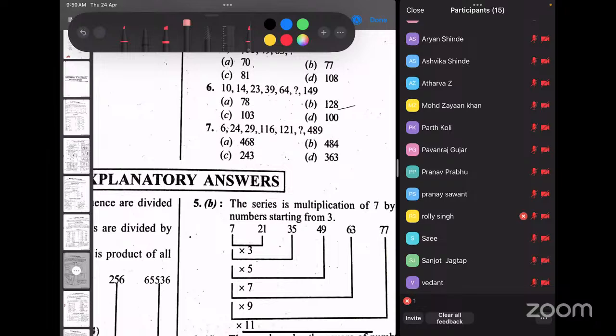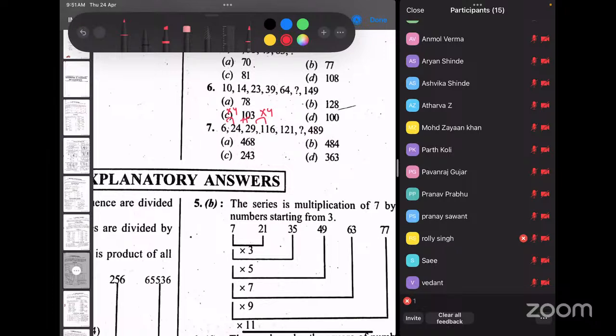Which means, sir, 6 fours are 24. Then we added 5, 24 plus 5 is 29. Then again multiply with 4, we get 116. Then add 5, then again multiply by 4, which will give 484. Yes.